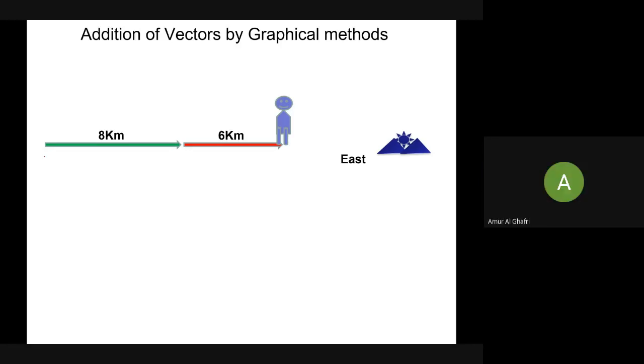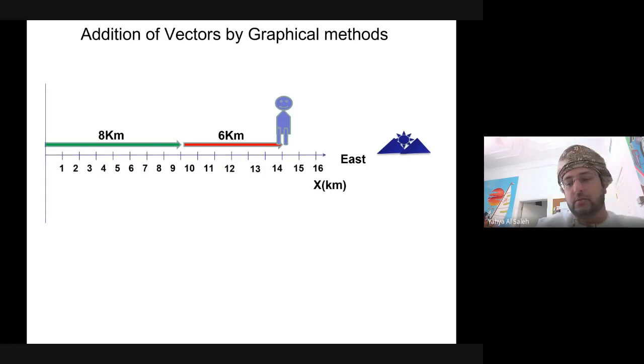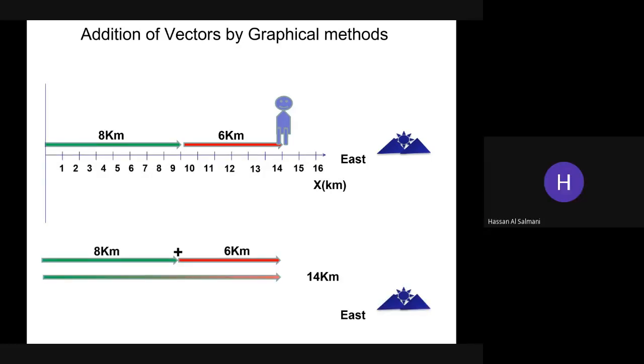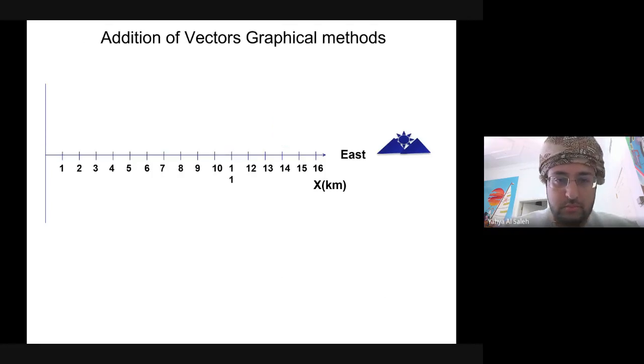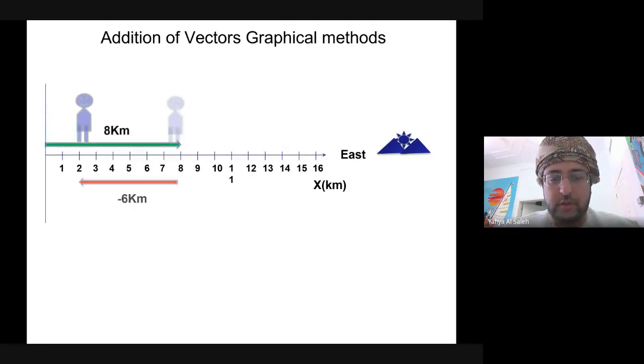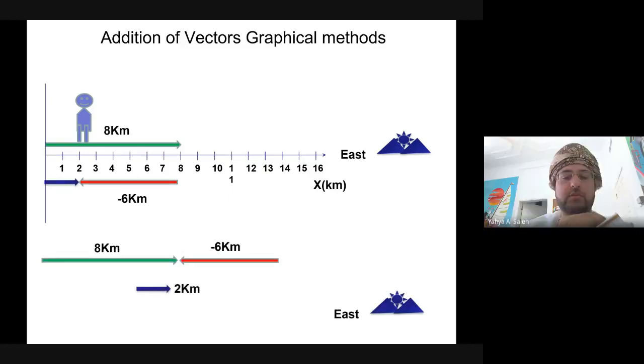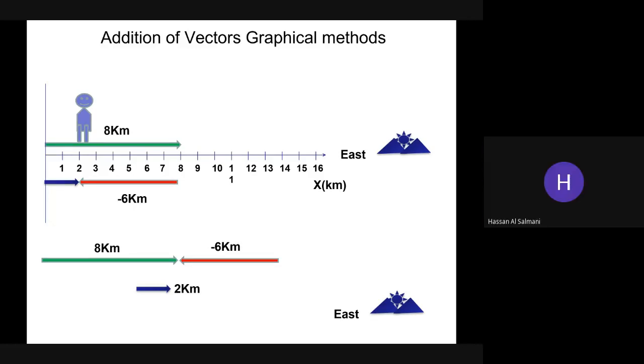Yeah, one line, 14 kilometers, east. Simple. Okay. What about now? He went 8 kilometers east and then 6 kilometers west. 2 kilometers east. Simple enough? Simple and nice, right? Okay.